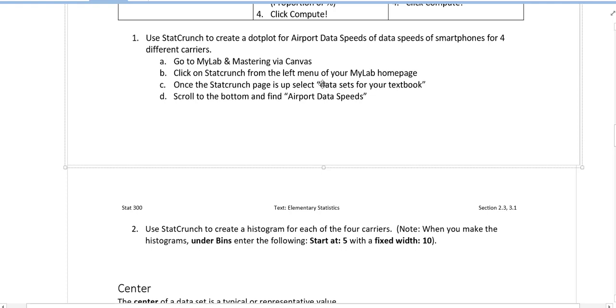You have to access it from Canvas first, My Math Lab, and then click on StatCrunch. And then we're going to scroll all the way to the bottom and find airport data speeds. I'm going to go through it, and I encourage you to pause the video as you see me do it and do it on your own in a new window.